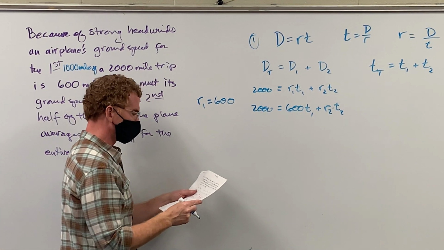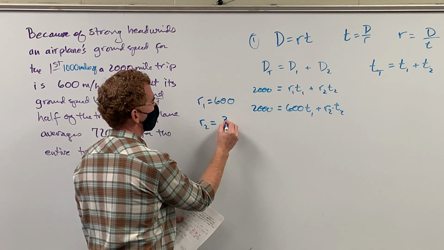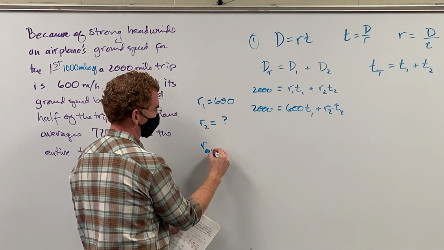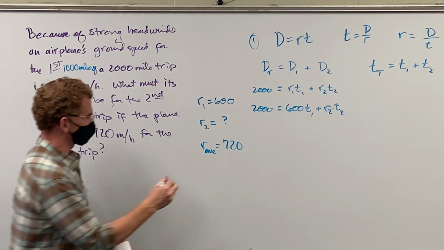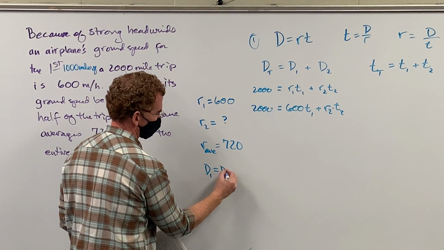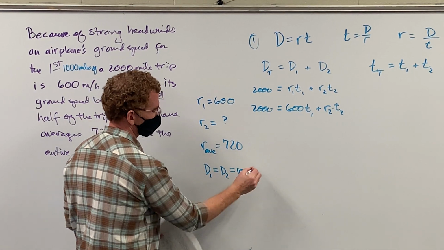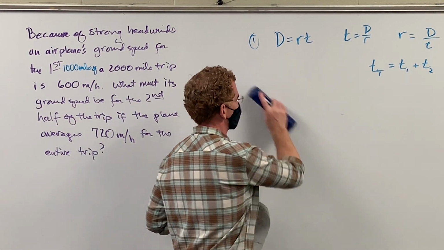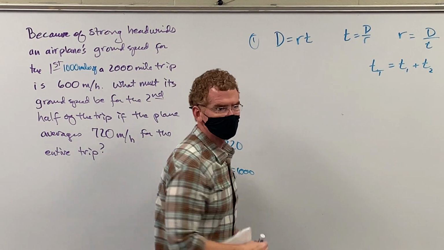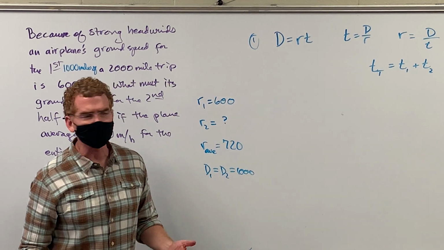I also know, I don't know the second rate, but I do know the average rate, the weighted average anyway, for the whole trip. And then, of course, I know all the distances, right? Well, what about this? If I didn't get anywhere with that, what about this? What is total time got to equal to?